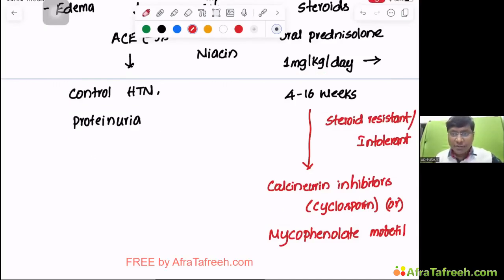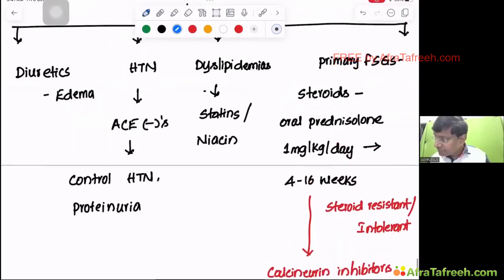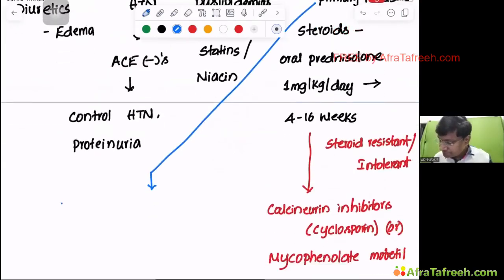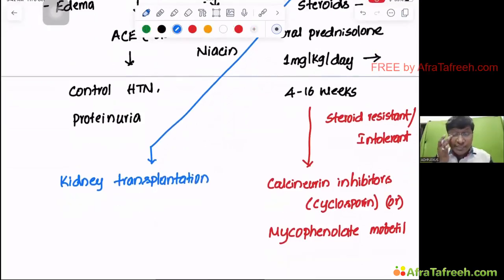If these patients are not responding to any of the immunosuppressive drugs, then you need to plan for kidney transplantation. So the other option for primary FSGS is kidney transplantation. But before doing kidney transplantation, you need to suppress that immune hyperreactivity so that it does not affect the transplanted kidney.